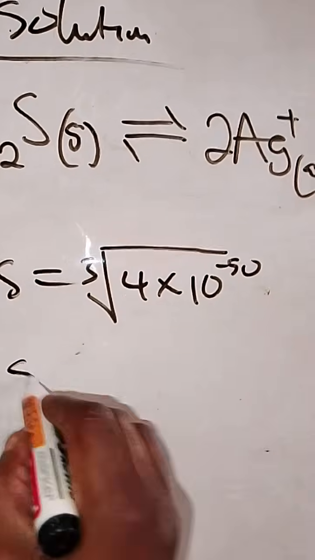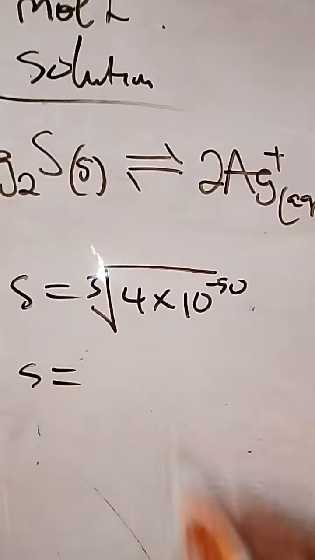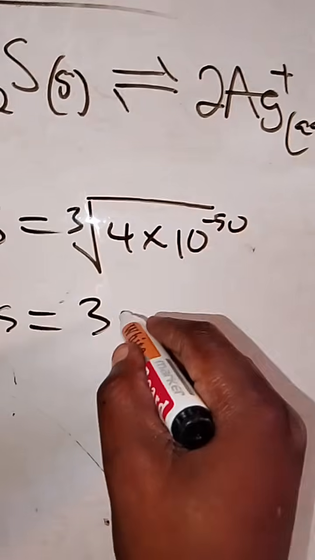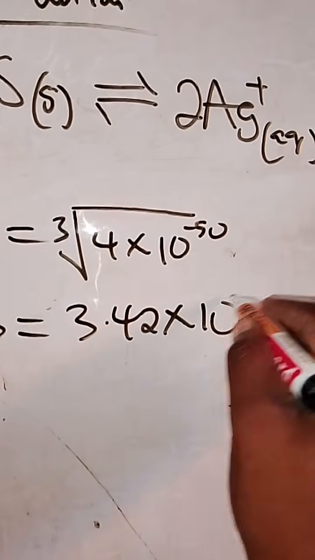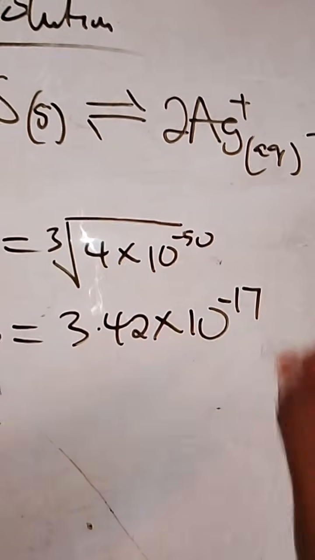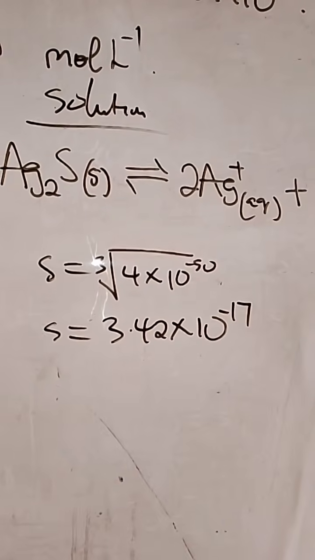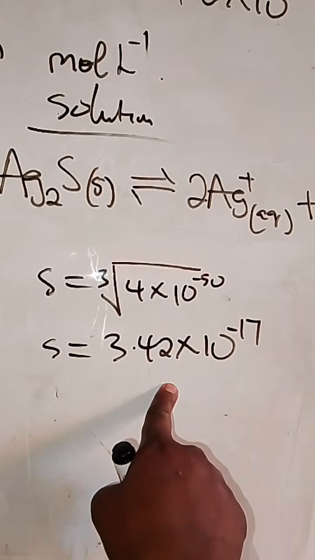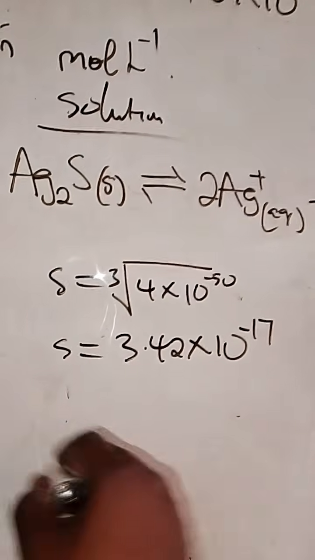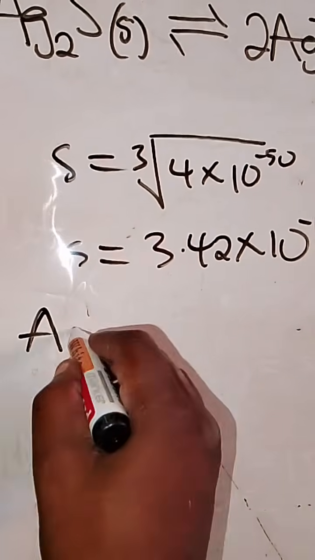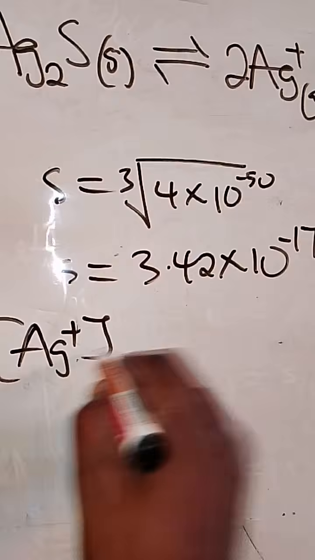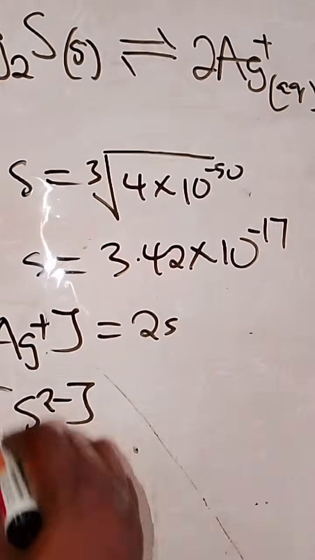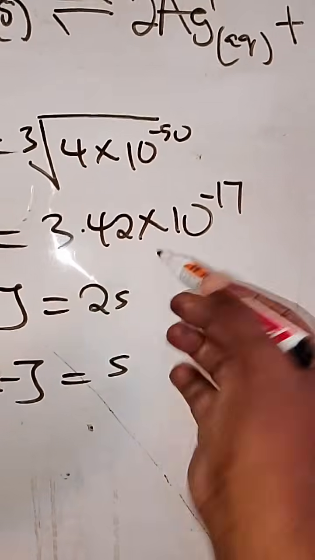So S is equal to the cube root of that, which gives us 3.42 times 10 to the power negative 17. Now we know the value of S. Remember the concentration of silver is equal to 2S, and the concentration of sulfide is equal to S. Then now we substitute.